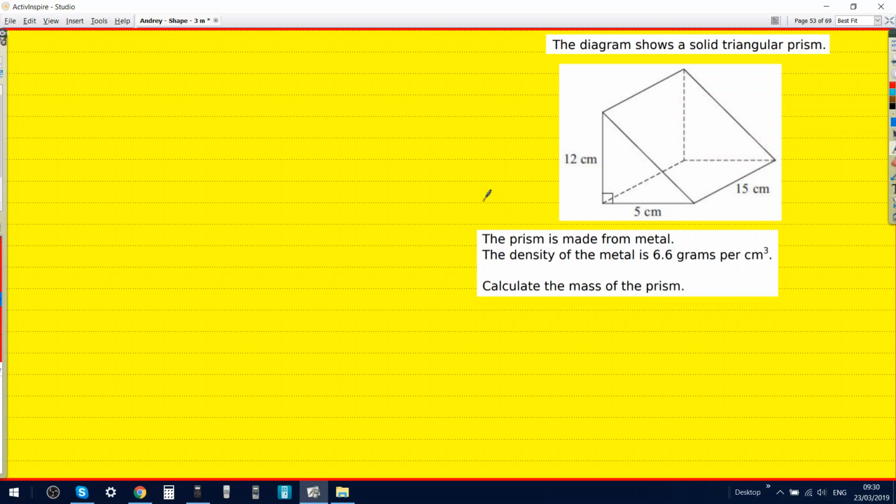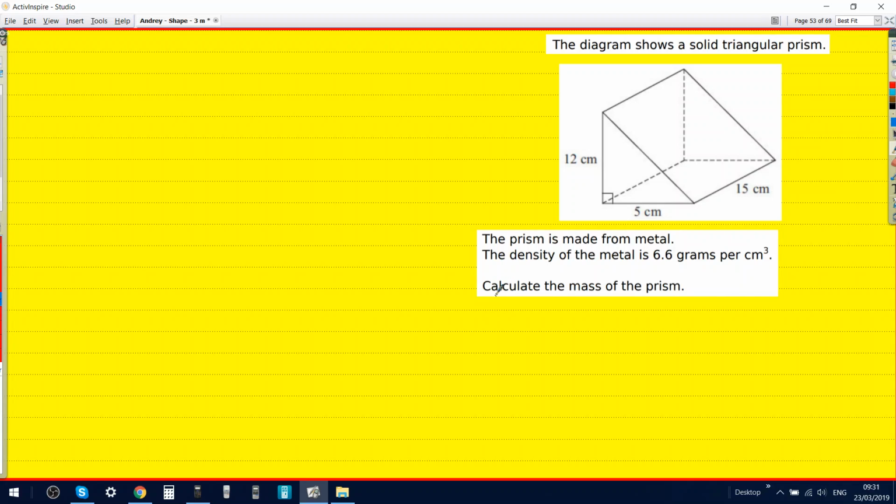Do I need to do 12 times 5 times 15 and then times that answer by 6.6? That would be if it was a cuboid.